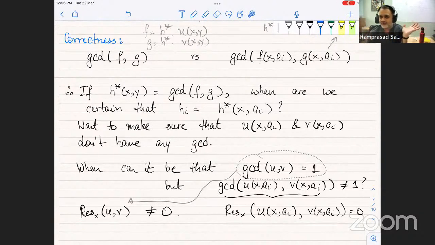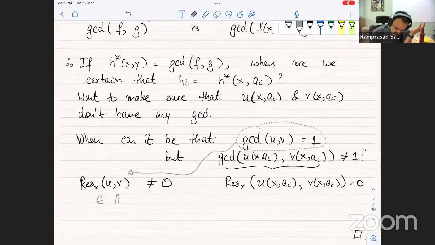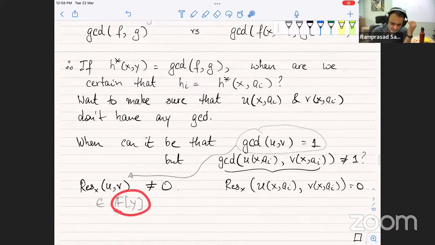What is the only change that has happened? This was a polynomial over the y variables. That polynomial ended up being substituted at y equal to ai in the right hand side.